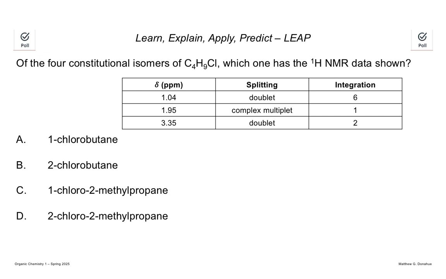So the 4 constitutional isomers, which one has the following NMR data? So 1-chloro-2-methylpropane.